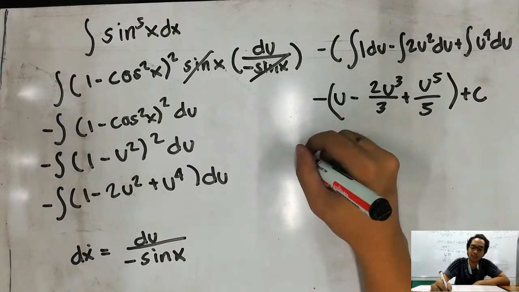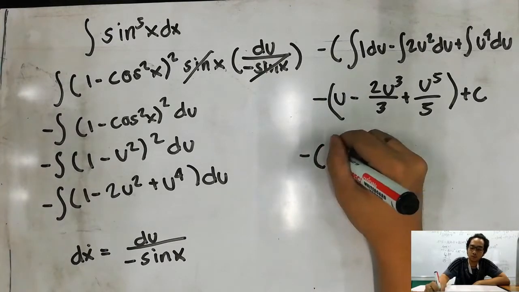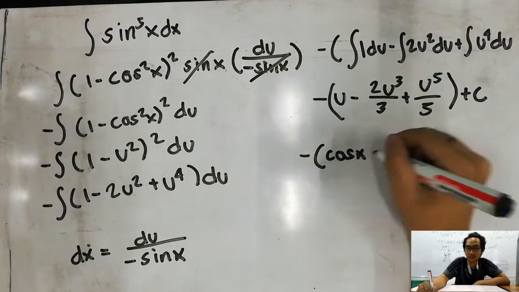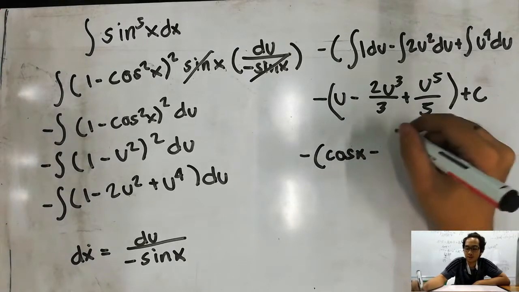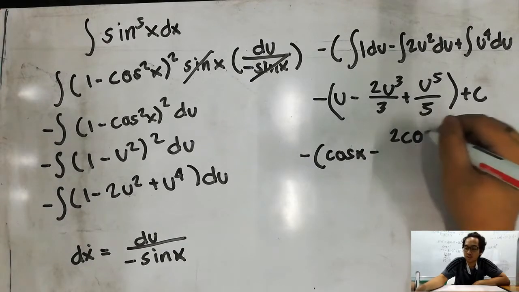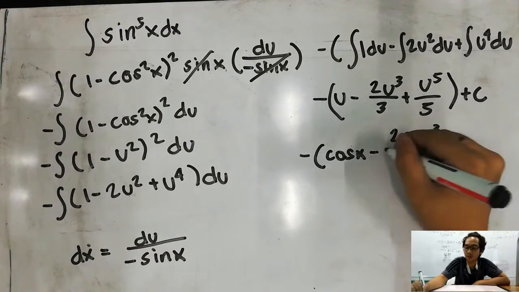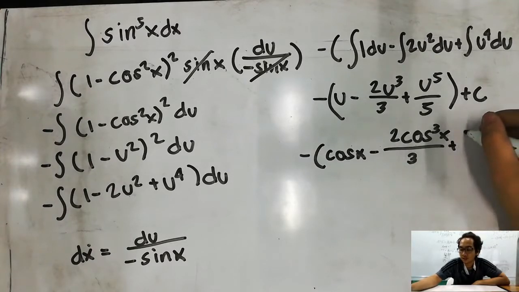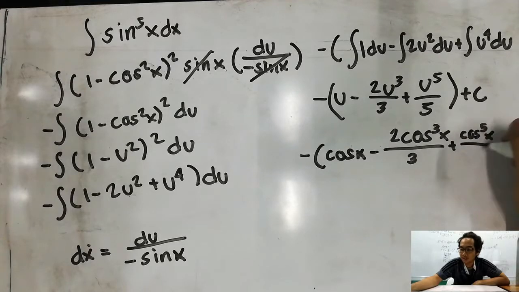It will now be equal to negative cosine x minus 2 cosine raised to 3 x over 3 plus cosine raised to 5 x over 5 plus c.